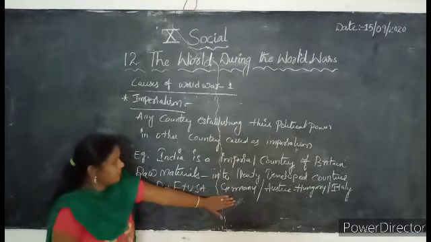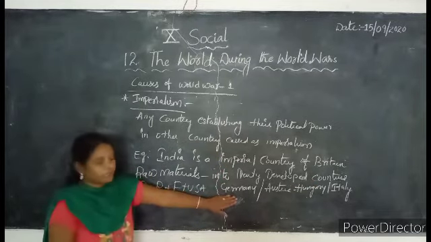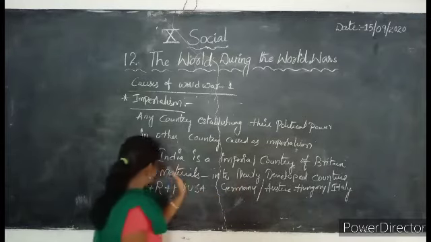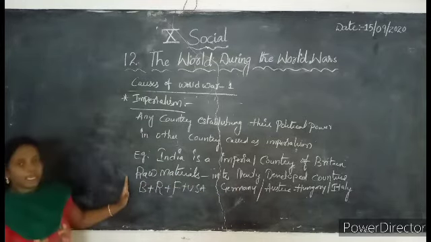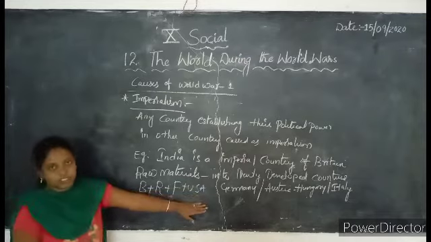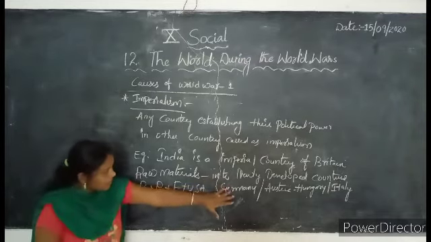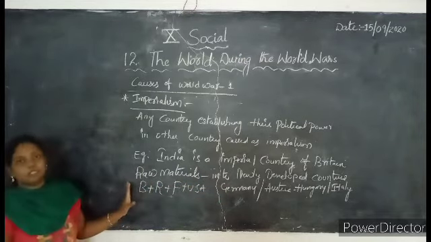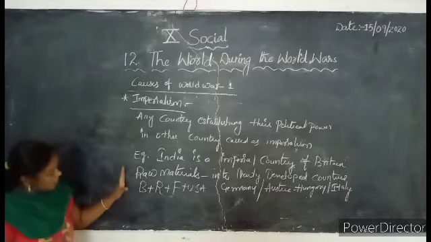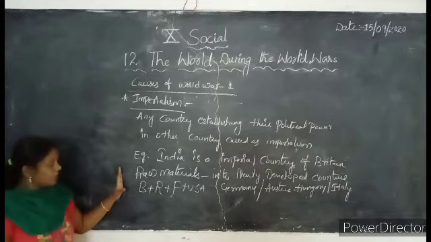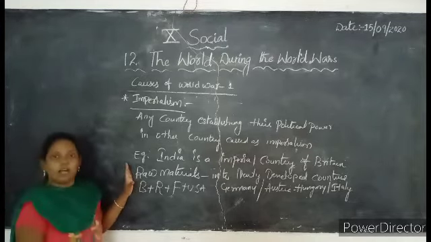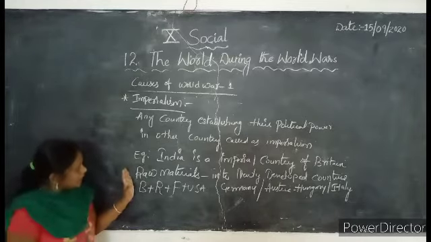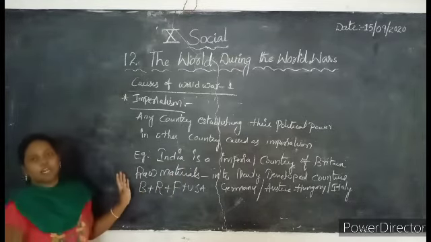So Germany made one proposal to the developed countries like Britain, Russia, France and the USA. Germany asked the developed nations: already you are developed and you have so many colonies under your control. Let us redivide the colonies.